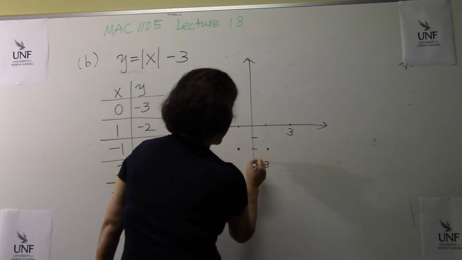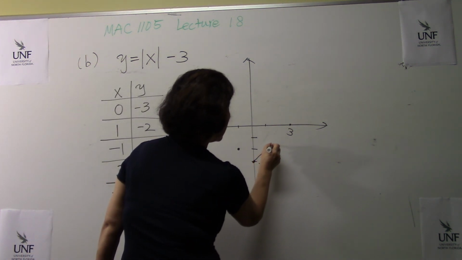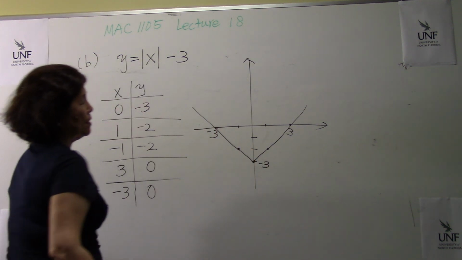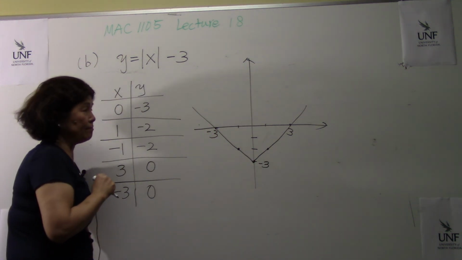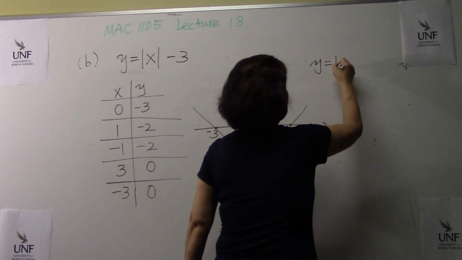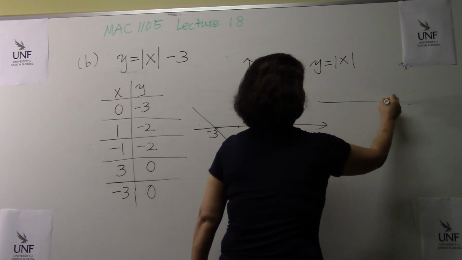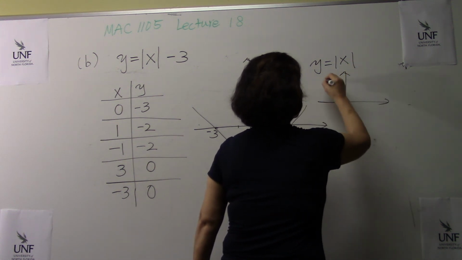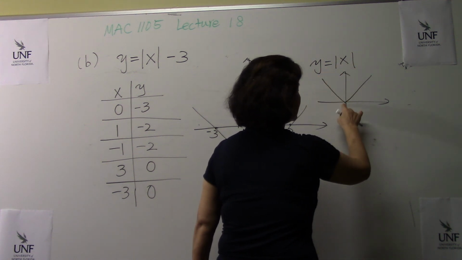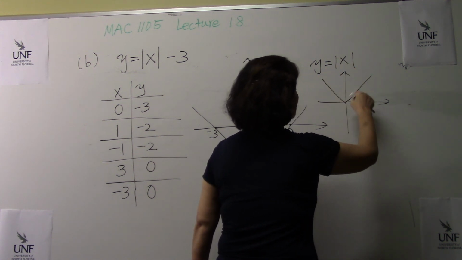Once you connect these dots, we are going to have a graph that looks like a V again. You remember earlier, y equals the absolute value of x. The graph looks like this. When x equals 0, y equals 0. When x equals 1, y equals 1, and so on and so forth.